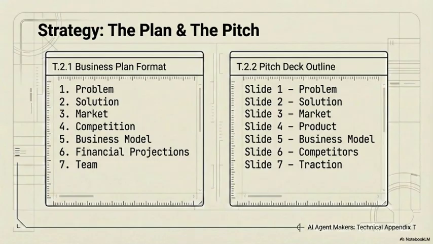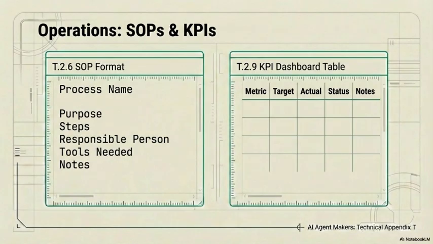That makes perfect sense. Now, scaling a business requires repeatable action. So the SOP format, the standard operating procedure, that's non-negotiable for operational clarity. Absolutely. The format is process name, purpose, steps, responsible person, tools needed, and notes. Repeatability is the key to scaling, without everything descending into chaos. It is. If a startup hires 10 new employees, they need them to perform the same task identically and efficiently.